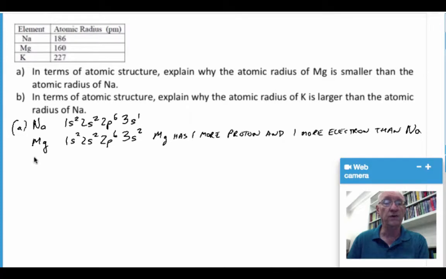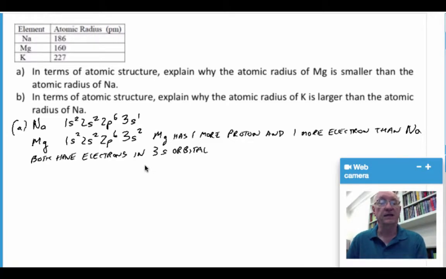So both have electrons in the 3s orbital. Magnesium has 2 and sodium has 1.